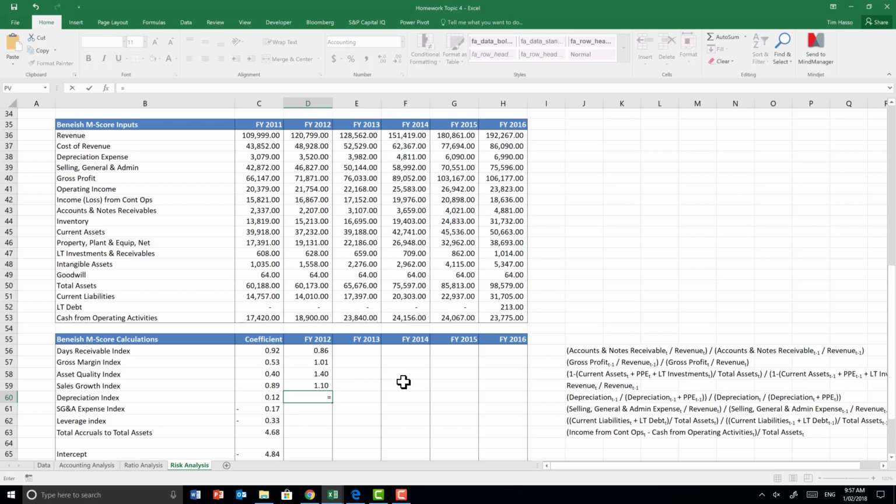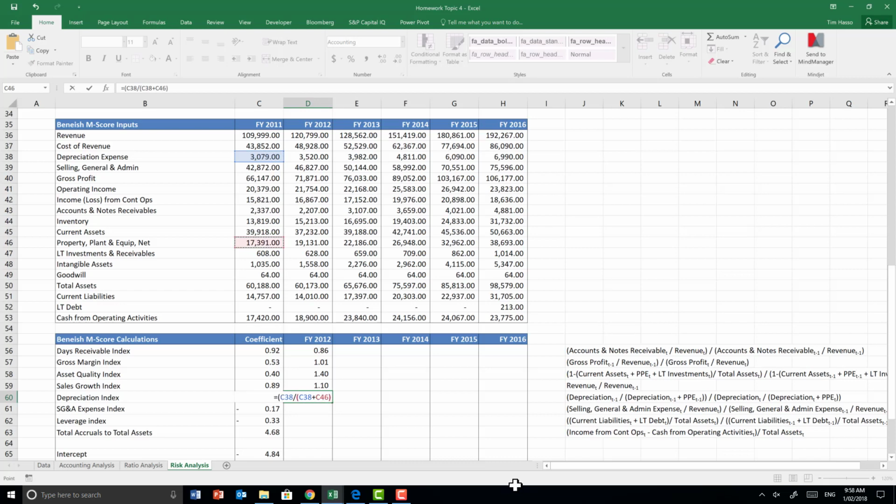So you take equal to, you open up a bracket, depreciation last year. So let's see, depreciation expense last year. Then we divide it by, open up a bracket, depreciation last year plus PP&E net.